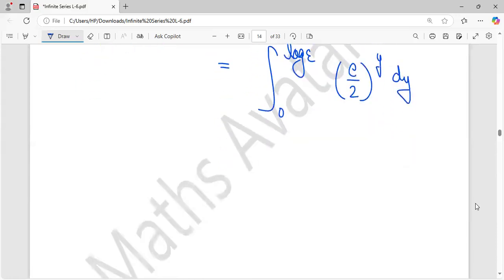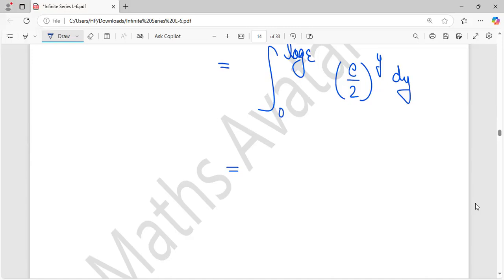Okay, so what is its integral? How to calculate it?